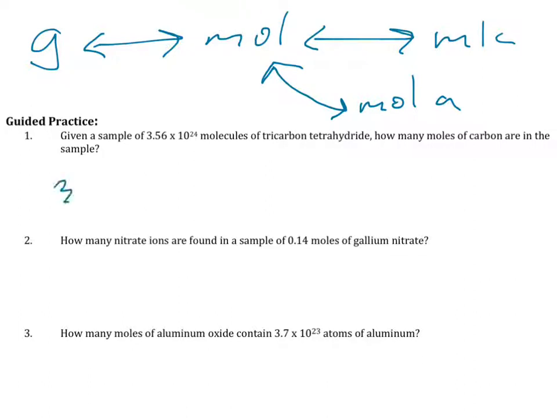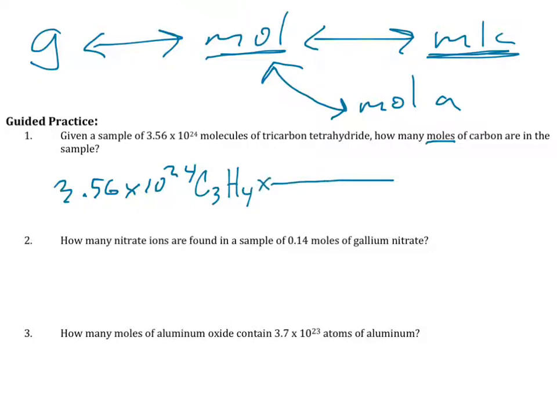So we have 3.56 times 10 to the 24 molecules of tricarbon tetrahydride, which is this, and it's asking for moles of carbon. So we're given molecules. We have the number of molecules, and we need to go from molecules to moles of the molecules.